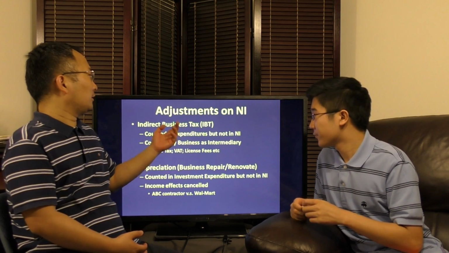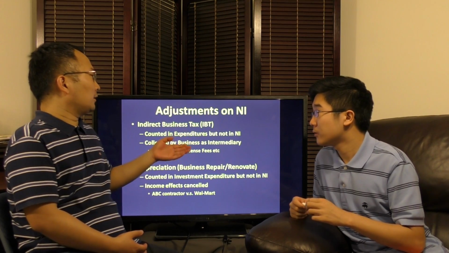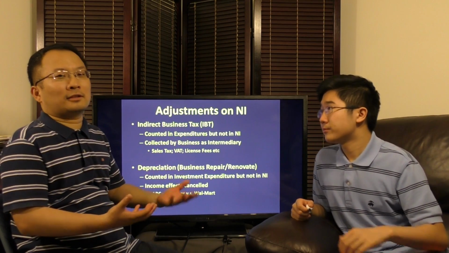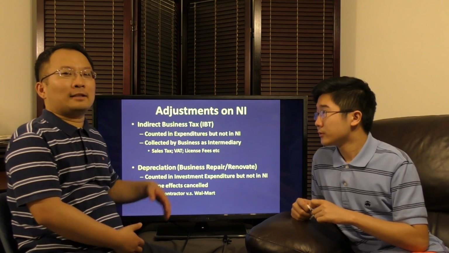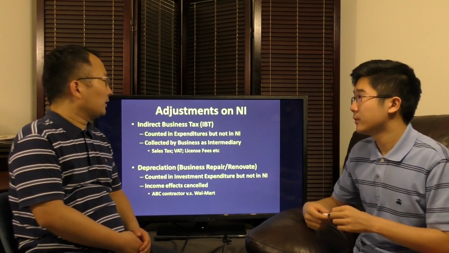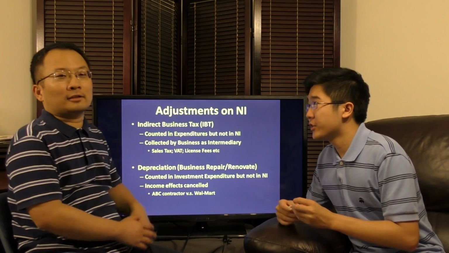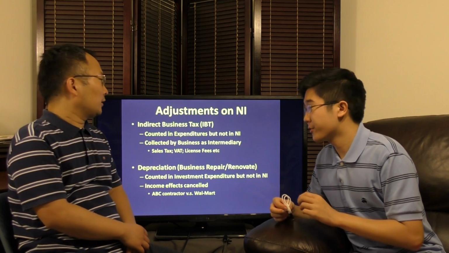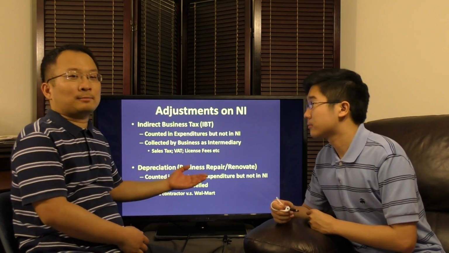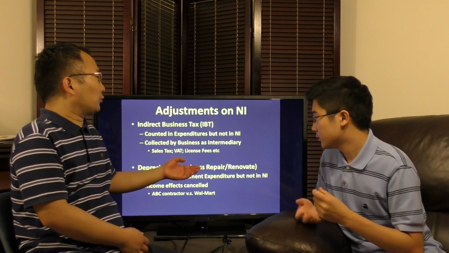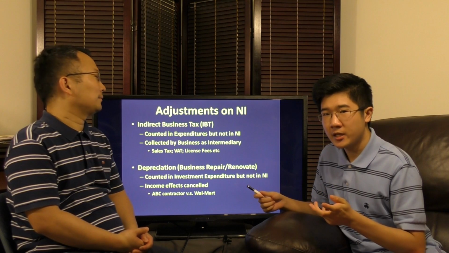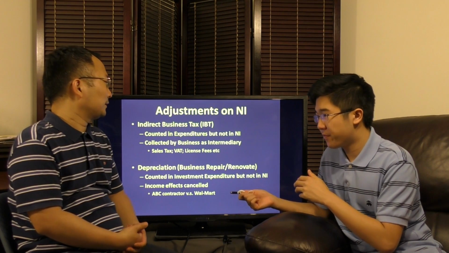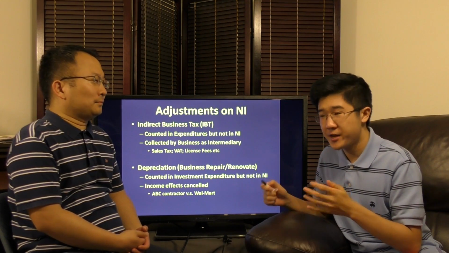Business is just an intermediary; they just collect the money. It's not counted as any factor of income, but it is part of our GDP expenditure. Think of it as the part of our GDP that is sent to the government, that's not counted in national income, but is still technically GDP.